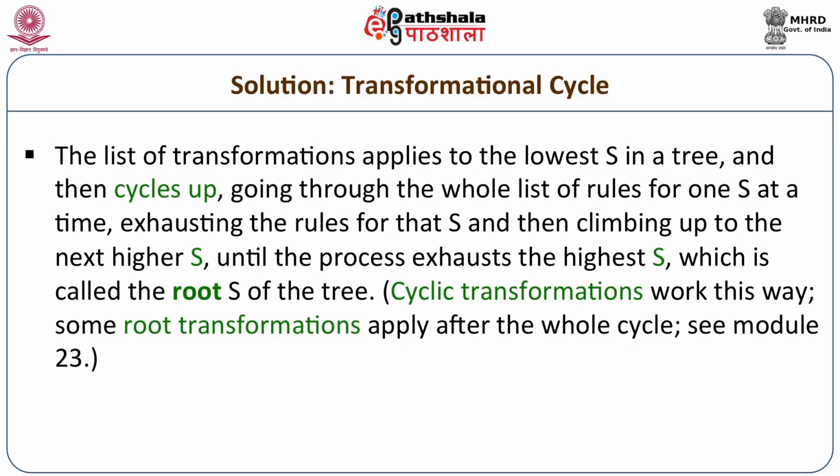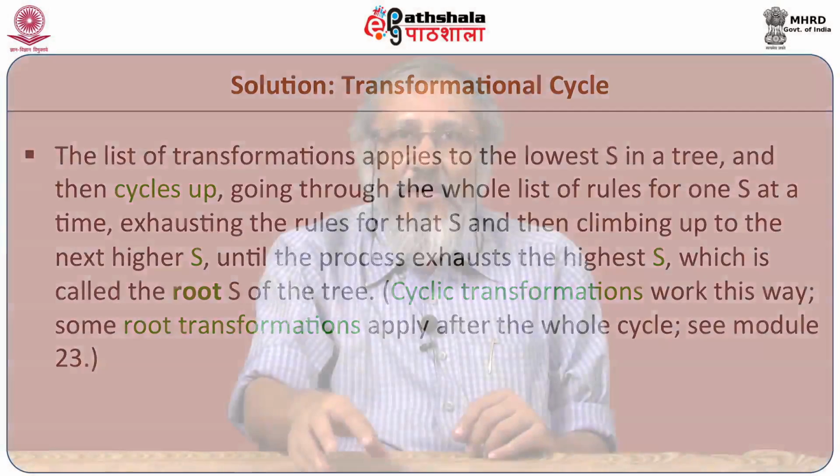Likewise, for the concept of cyclic node, you will find that sometimes an NP is a cyclic node. We don't have to give you examples. You will get them in advanced syntax. But for your purposes, you can simply assume that the only cyclic node is S. That you go to the lowest S, then the next higher S, then the next higher S. So that's the transformational cycle.